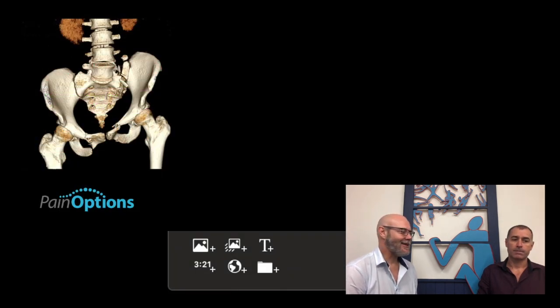This is a slide to start with just to look at some trauma in the pelvis. This is actually a girl that got hit on her bike by a car. And we can see a number of fractures in this nice scan, fractures through the pubic bone, fractures through the ilium, looks like one of the transverse processes is fractured, so some significant trauma.